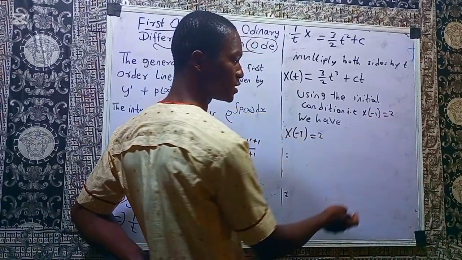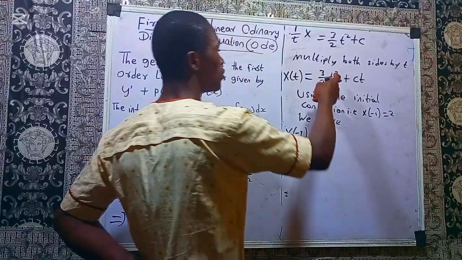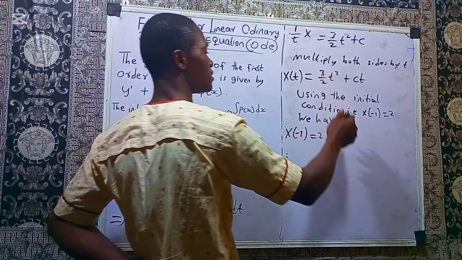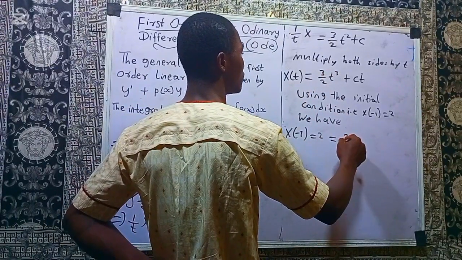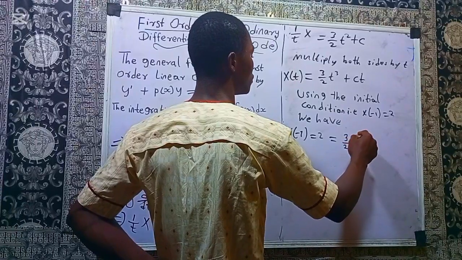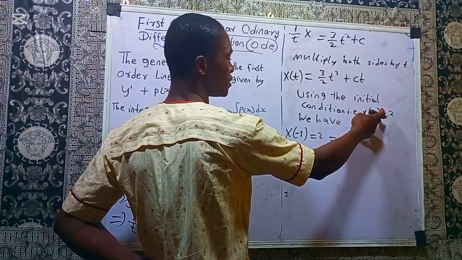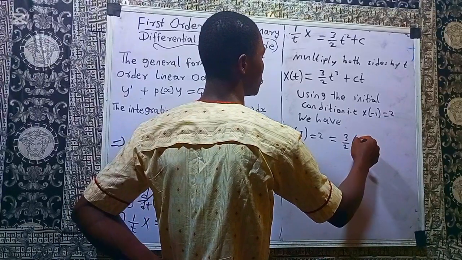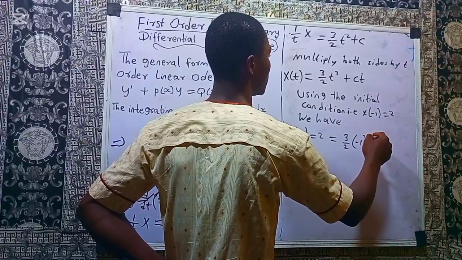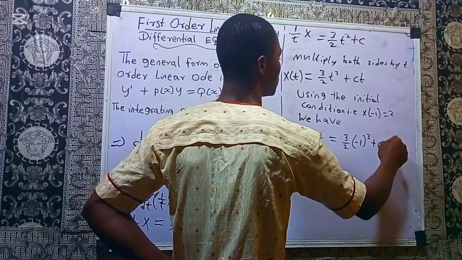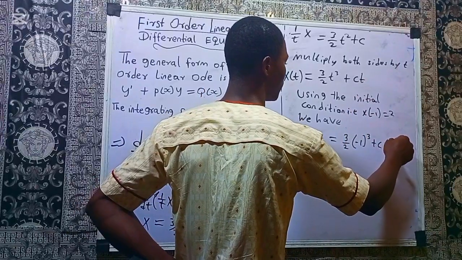They say it's 2, right? Will be equal to, what is this? We now have 3 over 2. t at that point is -1, right? -1 raised to power 3 plus c into -1.